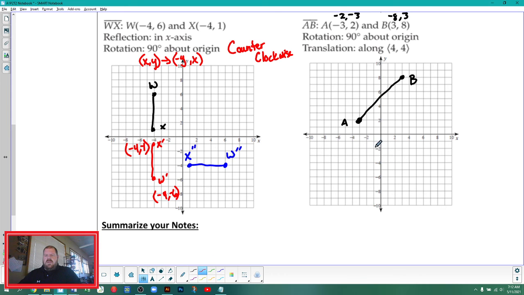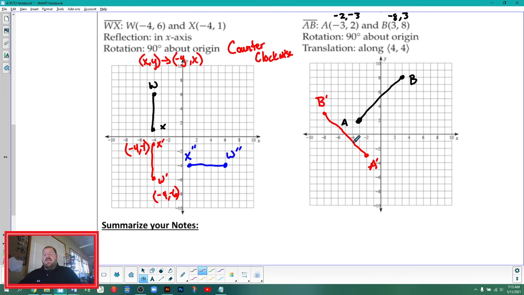Let me switch colors. -2, -3. And -8, +3. So this is B prime, and this is A prime. Okay. Not a great straight line, but I did my best.